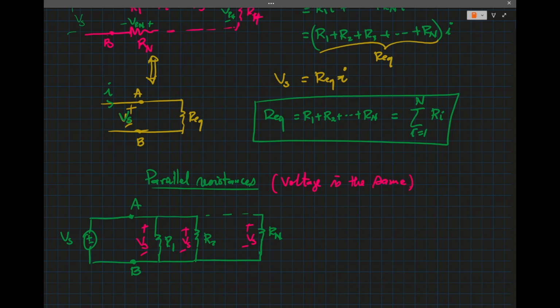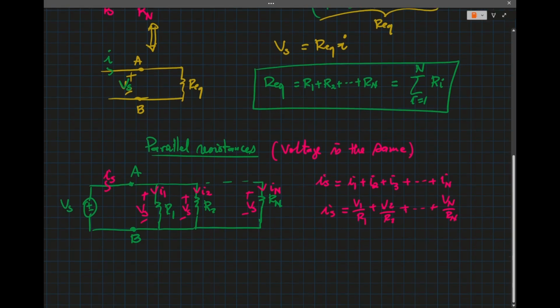If I call the branch currents I1, I2, through In, then by KCL, Is equals I1 plus I2 plus I3 plus In. With Ohm's law, that is V1 over R1, V2 over R2, Vn over Rn.